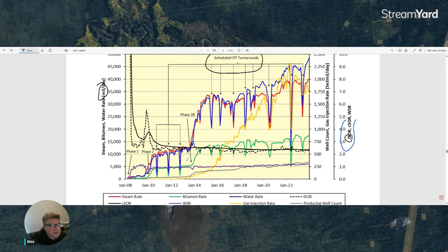Okay, what is the other thing we're observing here? What we see here is water to steam ratio in purple. What is the importance of water to steam ratio? Why is that parameter important? WSR, water to steam ratio, is close to 1. It's about 1.1. But why do you think it's useful to know that parameter?